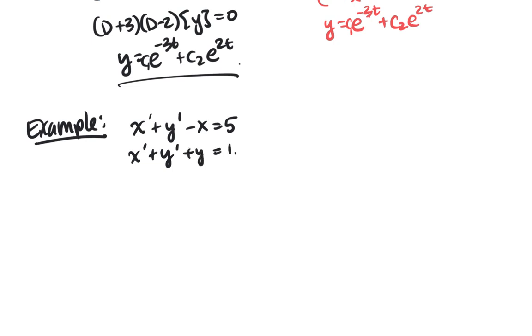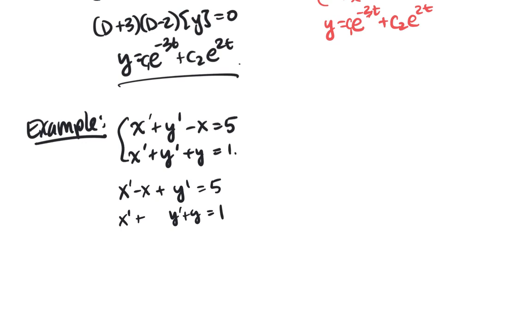Okay, so let's write this in operator notation. So first of all, I'm going to gather all the stuff with x's and gather all the stuff with y's, and I'm going to write that out. So the first one is x prime minus x plus y prime equals 5. And then the second one I'll have x prime plus y prime plus y equals 1.